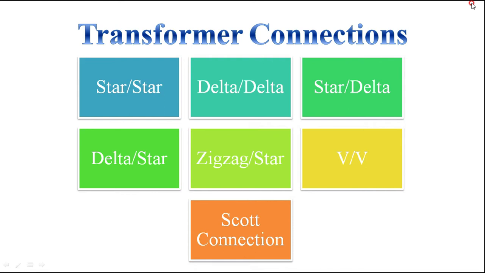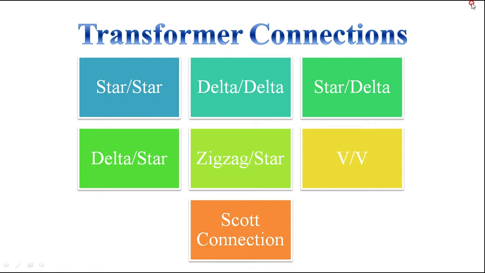a three-phase transformer, one unit, in that case the whole system is shut down. Suppose you are using three single-phase transformers for three-phase transformer connections. If anything happens to one of the single transformers, the service will continue with the other remaining two transformers, and subsequently it can be replaced.